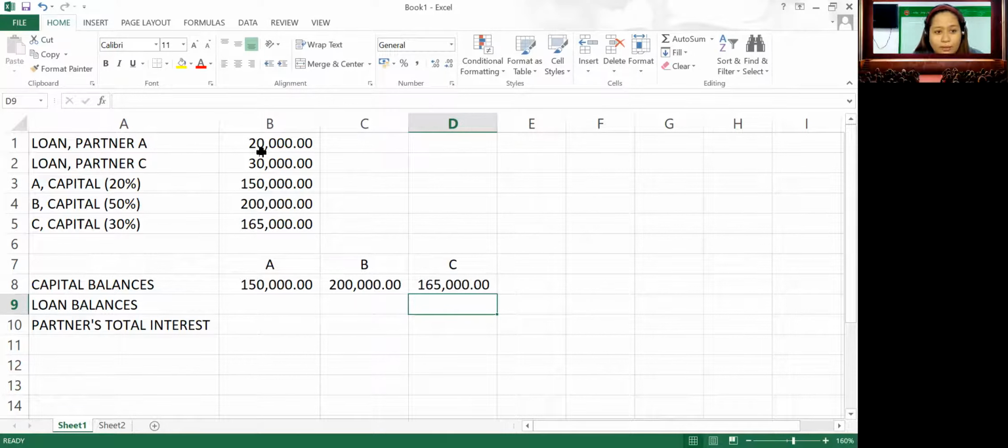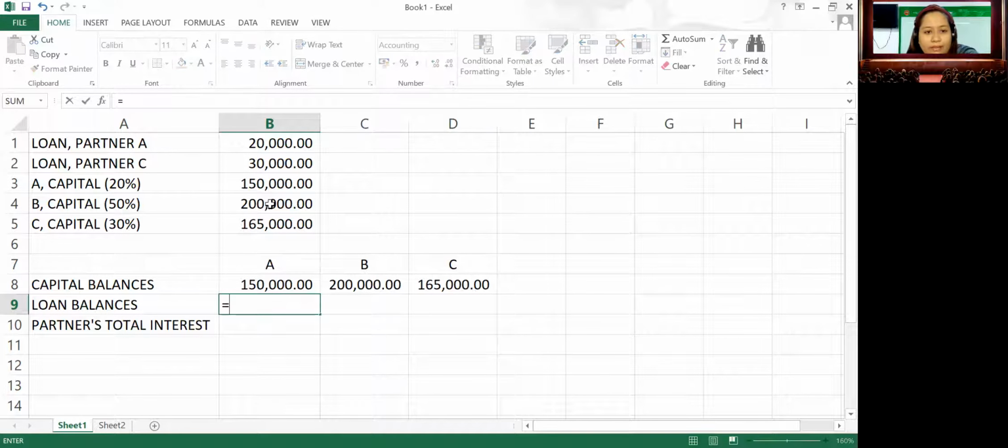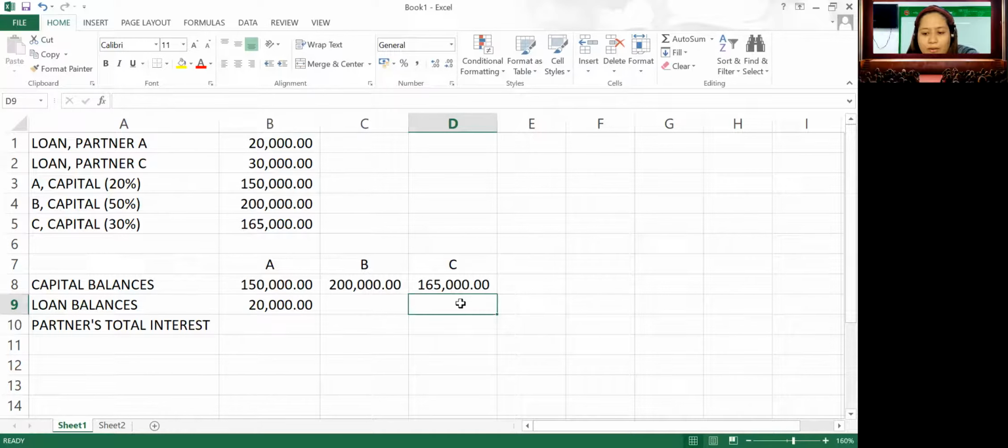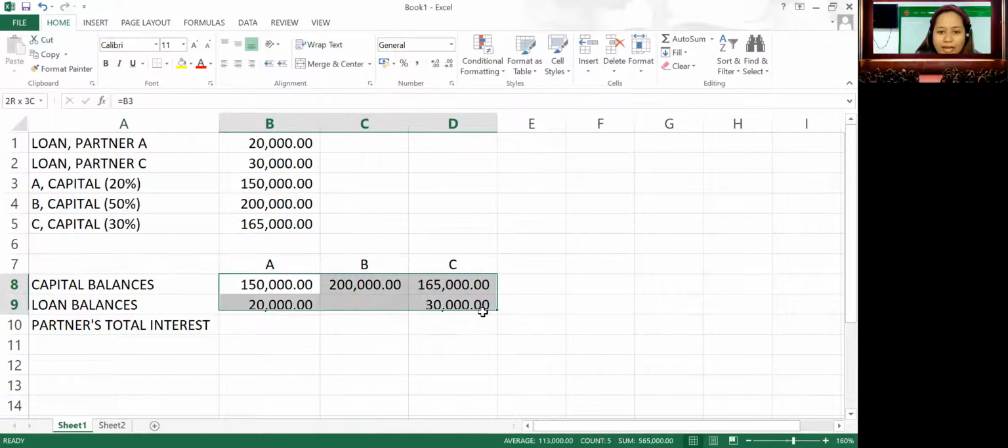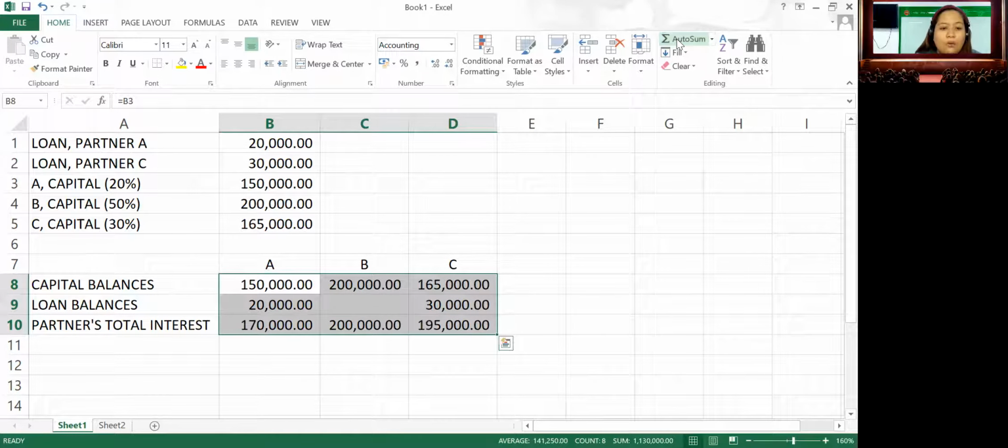Also, their loan balances for A, we have 20,000. Si B, wala. For C, we have 30,000. Considering those information, then we can now compute for our partner's total interest by means of adding the capital balances and the loan balances. We have 170 for A, 200 for B, and 195 for C.